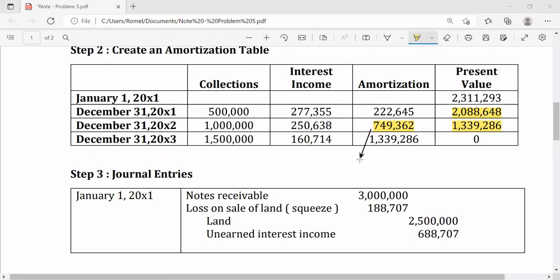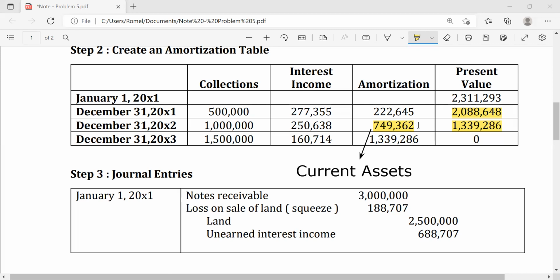So, etong 749,362, this will be presented under current assets. Why? Kasi you will be able to collect this within 12 months after December 31, 20X1.